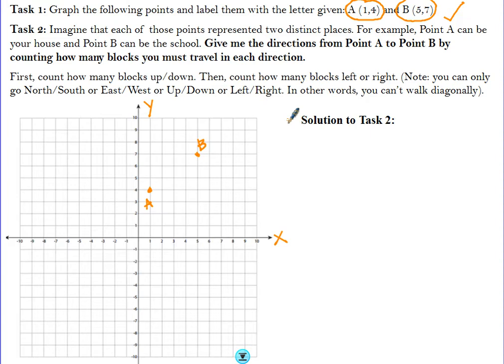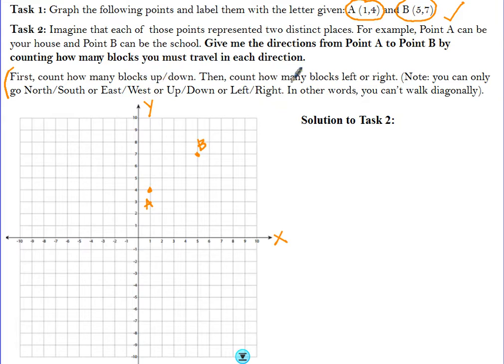Task 2. Imagine that each of those points represented 2 distinct places. For example, point A can be your house and point B can be the school. And it says to give me the directions from point A to point B by counting how many blocks you must travel in each direction. And then this is a note for you. It says first, count how many blocks you will go up or down.